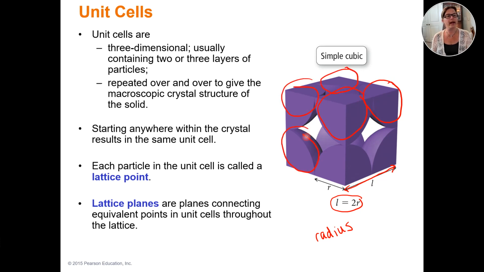So with 8 corners, each portion of that atom is 1/8 of a whole. And there are 8 of them to give us one whole atom.